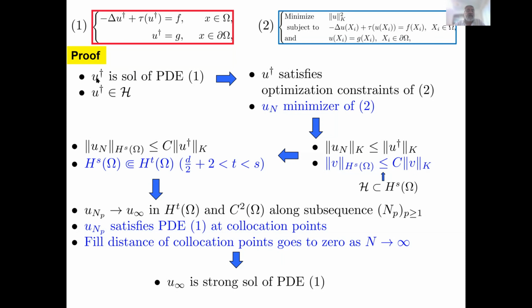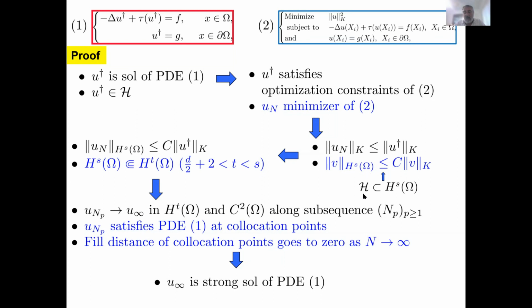So first, observe that since U dagger solves our PDE, and since it belongs to the RKHS space defined by the kernel K, this U dagger satisfies the optimization constraints of our variational problem 2. Now, since UN is a minimizer of our variational problem 2, we deduce that the RKHS norm of UN must be smaller than the RKHS norm of the solution of the PDE.